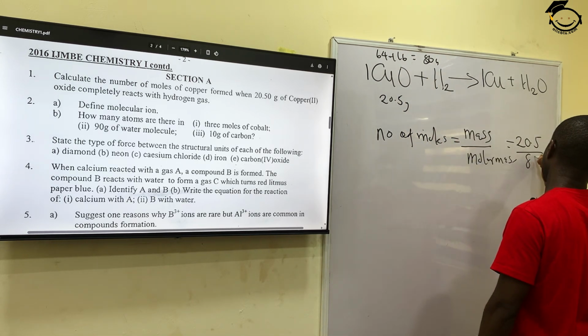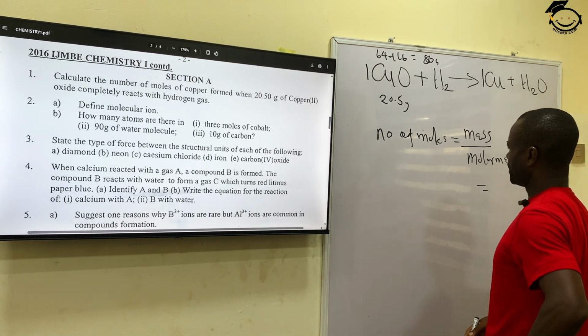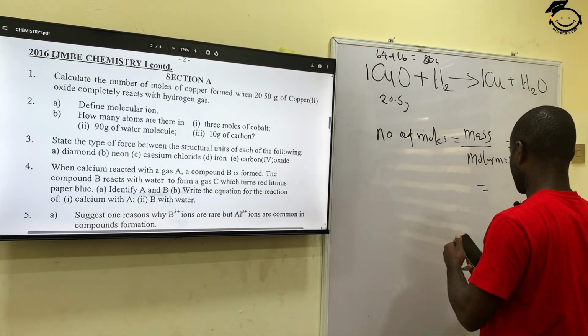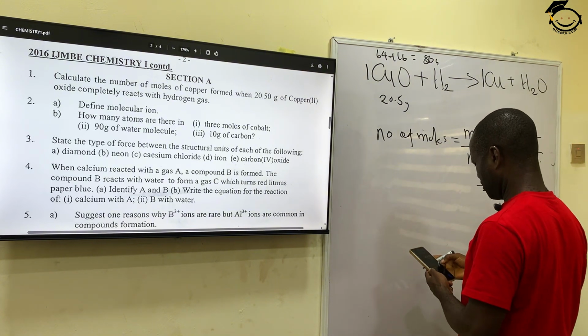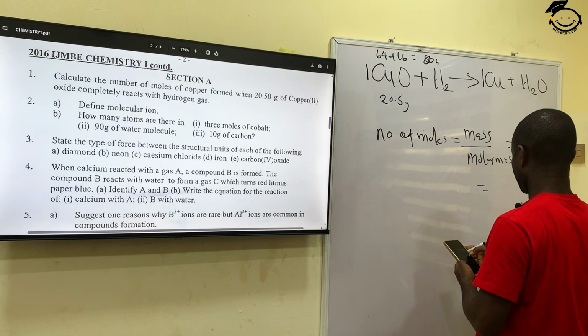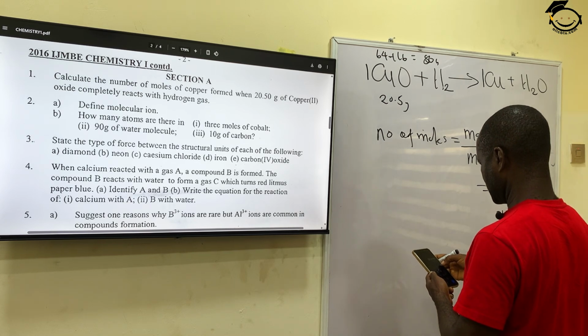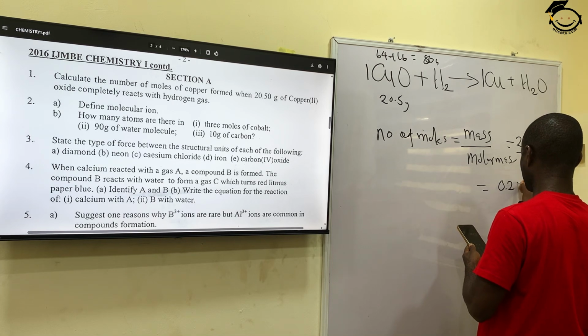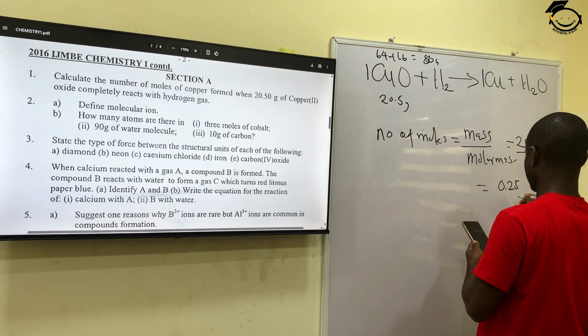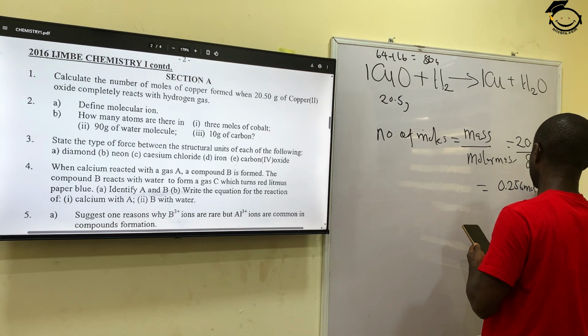So 20.5 divided by 80 gives us 0.256 moles. Answer.